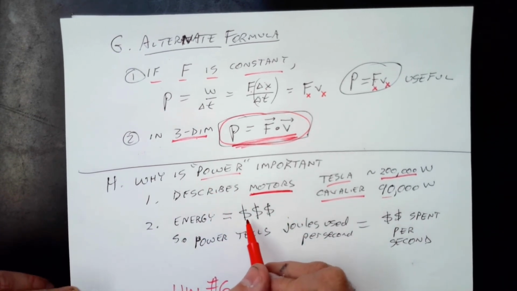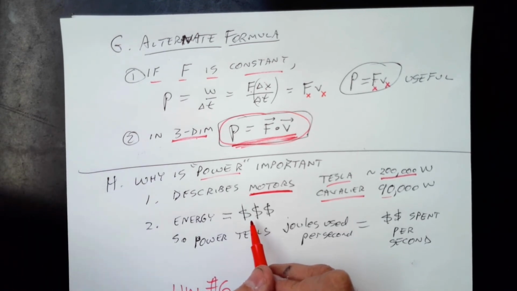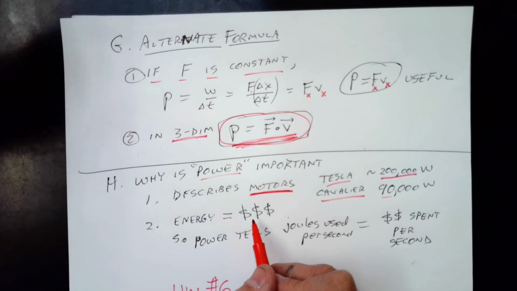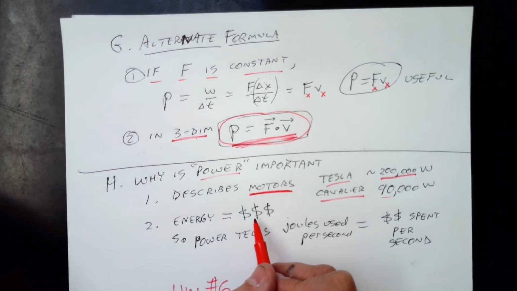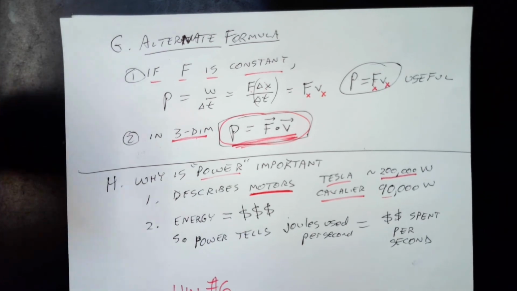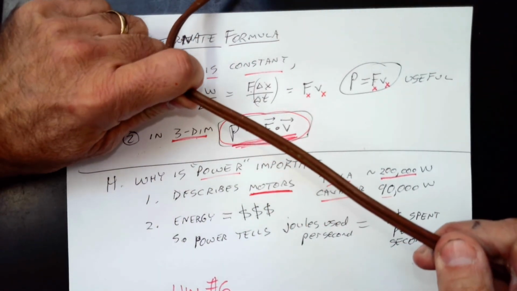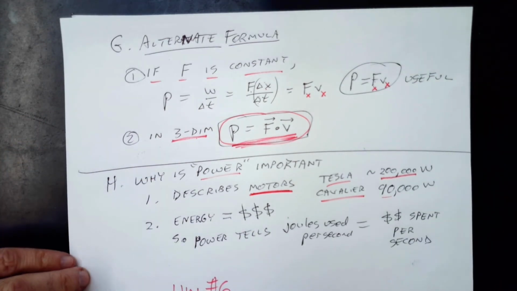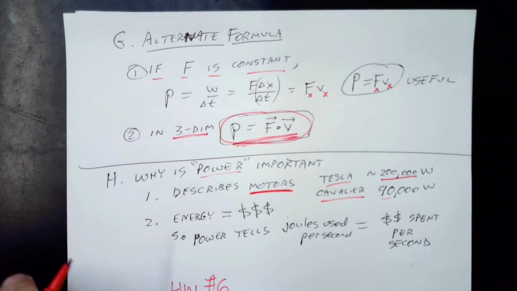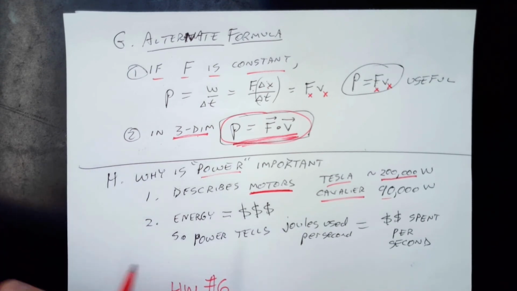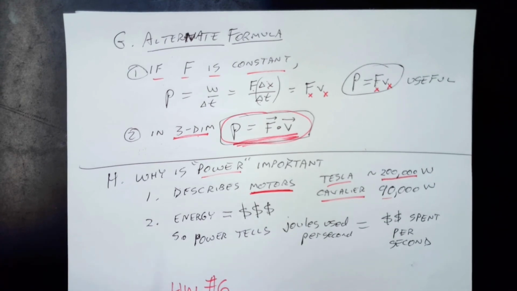Second, think not so much about producing power, but about consuming energy. Not so much about producing energy per second, but about consuming energy per second. For example, you have electrical energy coming into your house through the electric wires, the electric outlet, and it changes into different types of energy: for example, light energy in your computer, chemical energy stored in the battery of your cell phone, thermal energy in your stove.